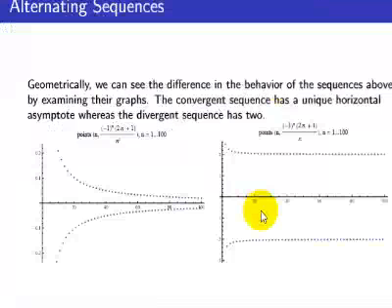Alright guys, that's all I would say in this video. I will talk about bounded sequences, what is monotonically increasing, monotonically decreasing. Let's know about those things.